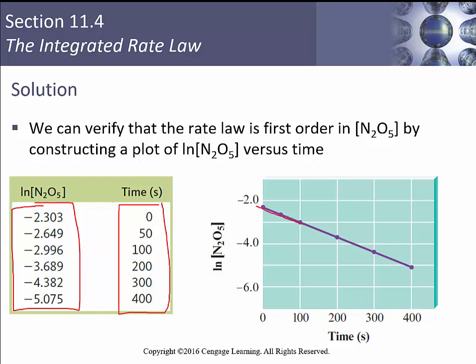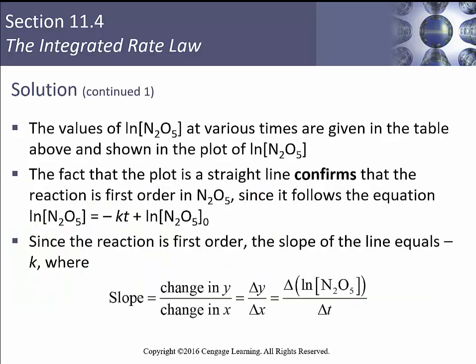We plot it up, we get a nice straight line. Right? Remember that our intercept b is going to be the natural log of A at time 0. And the slope is going to be equal to minus the rate constant k.